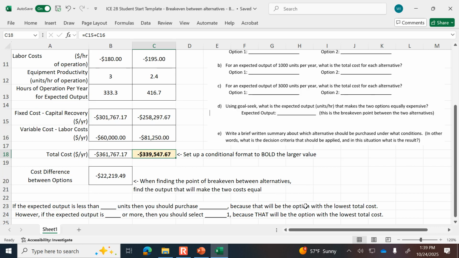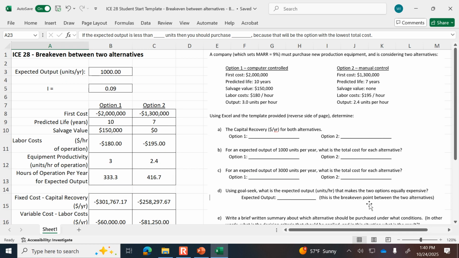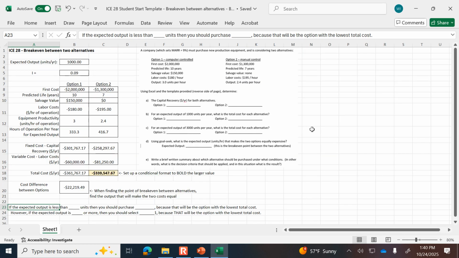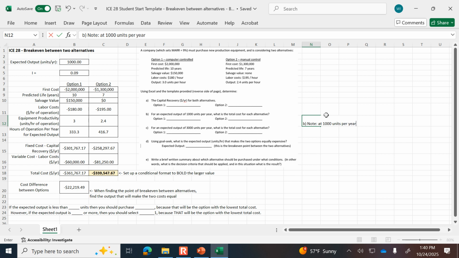Option 2. So let's say if the expected output is, oh, this is referring to the break-even point. So let me just write an answer as a comment related to Part B here. Part B, note, at 1,000 units per year, option 2 is less expensive.